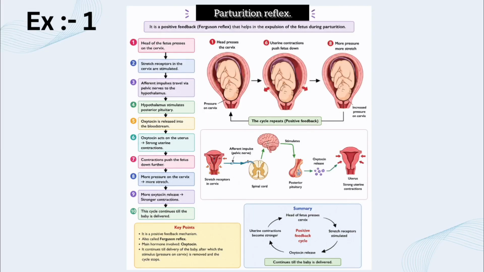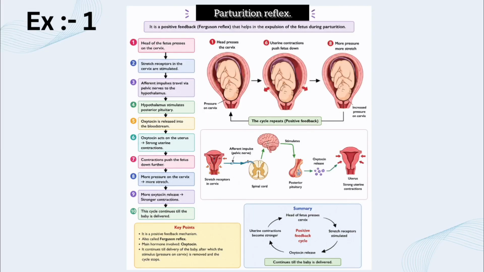In this image, when the head of the fetus presses on the uterus during labor, the stretch receptors present on the uterus get stimulated, and that stimulus is sent to the hypothalamus via afferent impulses, which travel through the pelvic nerves, and the hypothalamus stimulates the posterior pituitary gland. That gland releases oxytocin into the bloodstream.